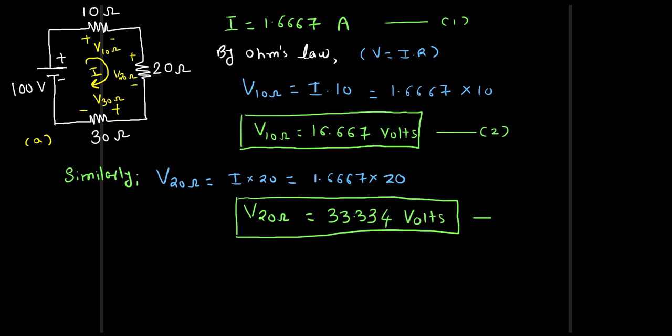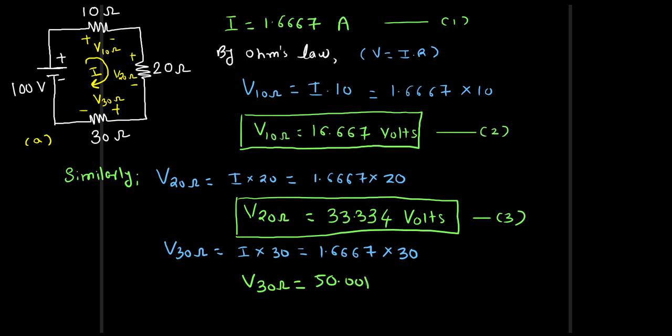Let us call it as equation number 3, and we can write voltage across 30 ohm, that is equal to current I into 30, that is 1.6667 into 30. So multiplying these two, we will get voltage across 30 ohm as 50.001 volts.